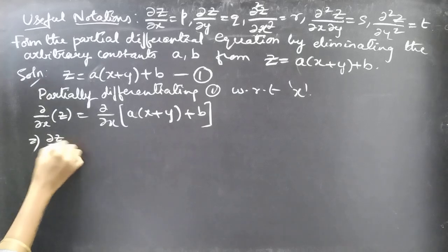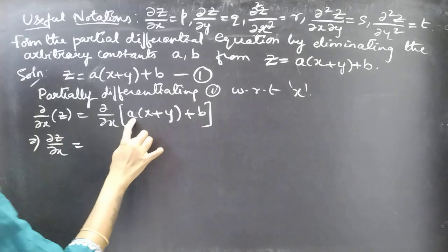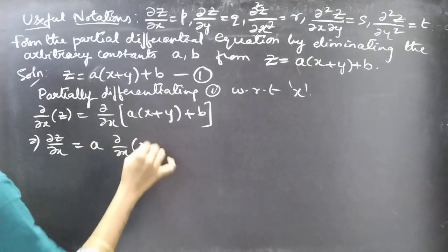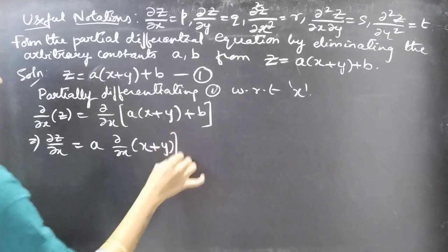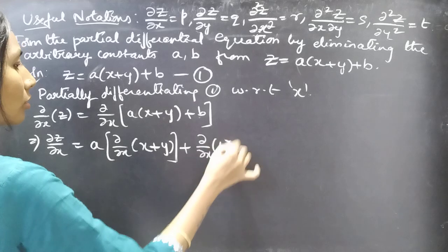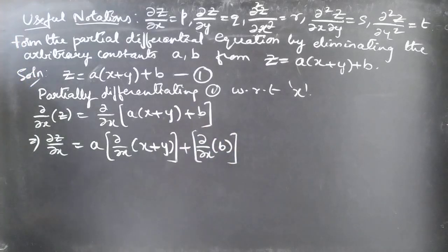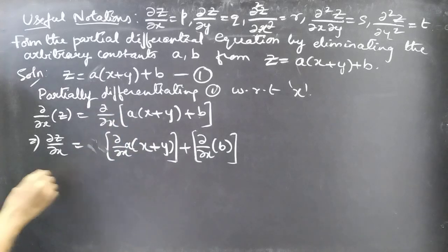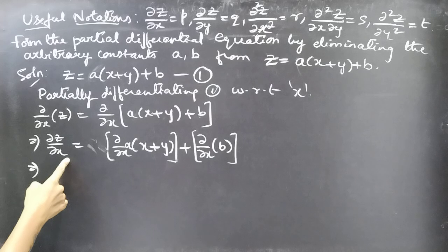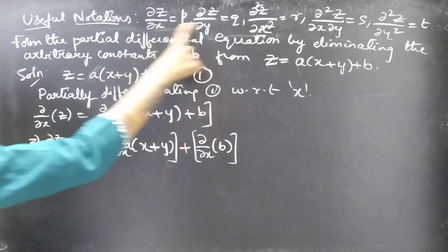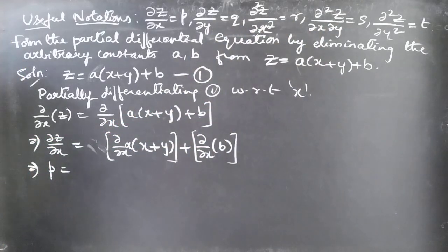So we'll get dou z by dou x equal to, here a is treated as constant, right? So we'll write it as a into partial derivative of x plus y plus b is constant, right? Okay, we can write like this, or you can just write like this. Since dou z by dou x equal to p from the notation, these are useful notations we need to remember while coming to partial differential equations.